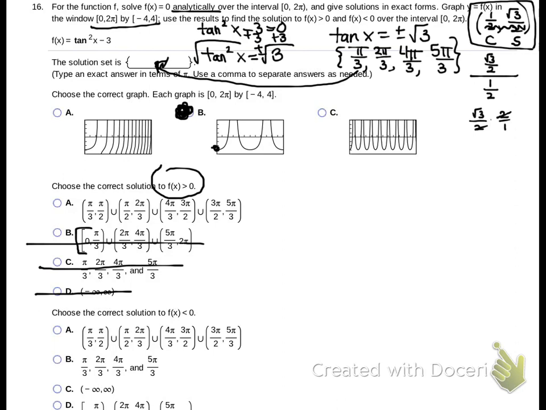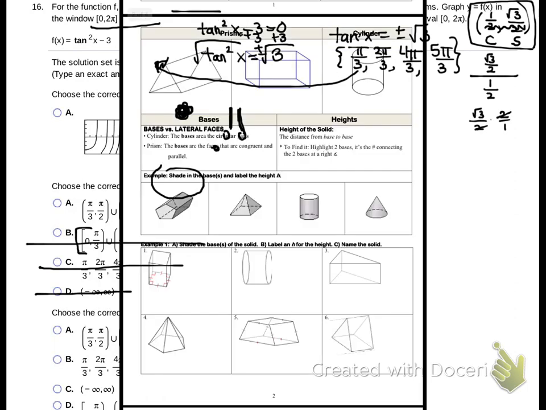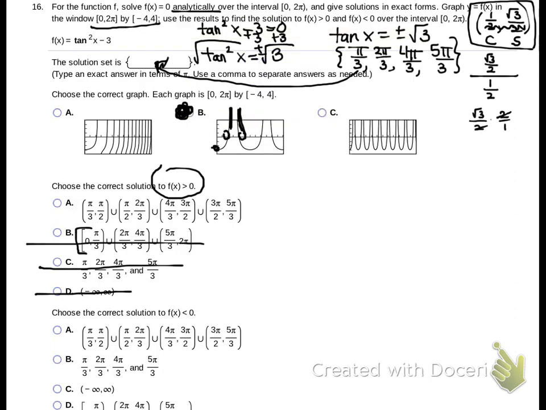So it's pi over 3, which makes sense because that's this point. And it goes up. That probably means the asymptote's at pi over 2. And then pi over 2 to 2 pi over 3. That's this part. And then 4 pi over 3, that's my next 0. There and there. So definitely my answer is A.